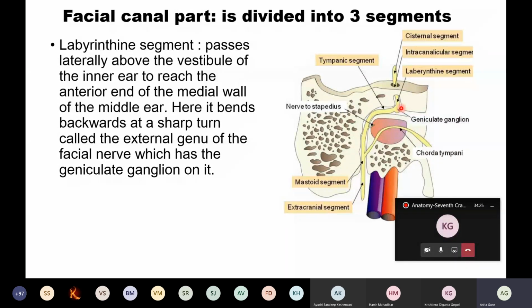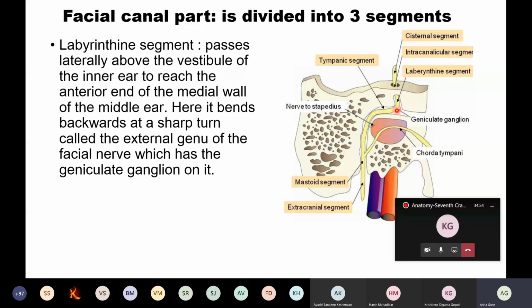So when it is reaching the anterior most part, here it bends. This bend part has a collection of ganglion, and this is called the geniculate ganglion. And this bend is called the external genu.